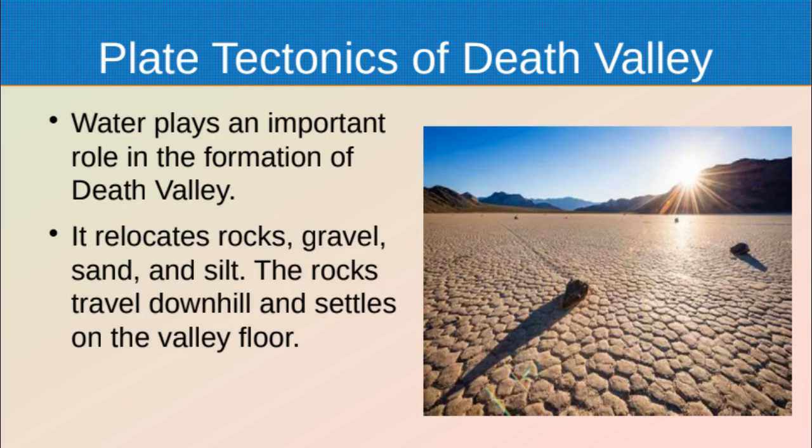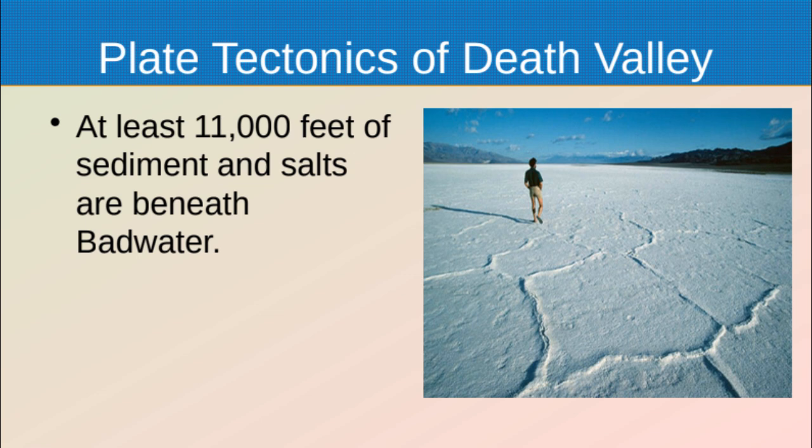Another factor to consider is water. Water plays an important role in the formation of Death Valley as well. It relocates rocks, gravel, sand, and silt. The rocks travel down the hills and settle on the valley floor. At least 11,000 feet of sediment and salts are beneath Badwater.